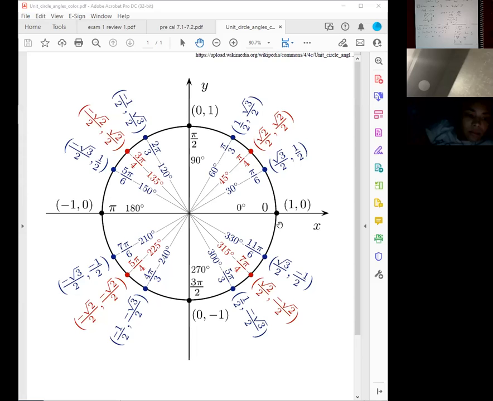Because once you look at the circle, sine of 2 pi means I go all the way around. Sine is the 0. Cosine of pi over 2 is the x, so 0. That's where these came from. Your circle.